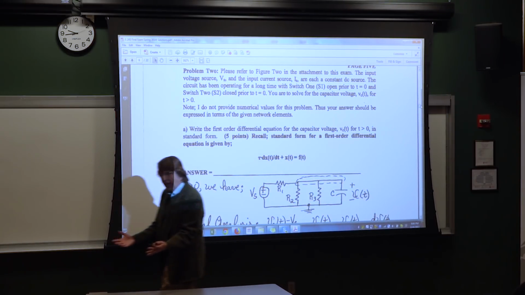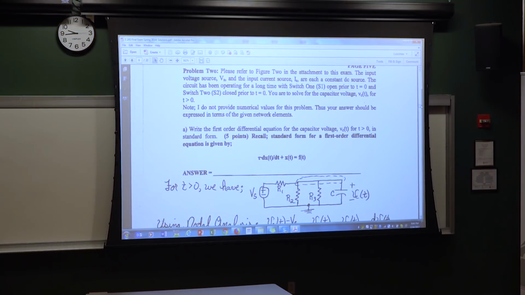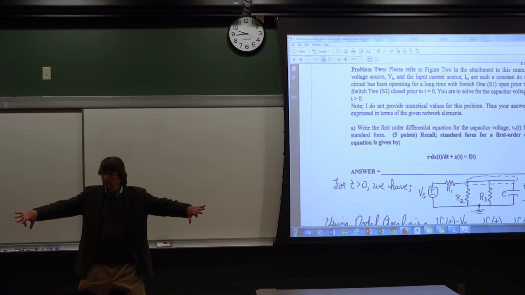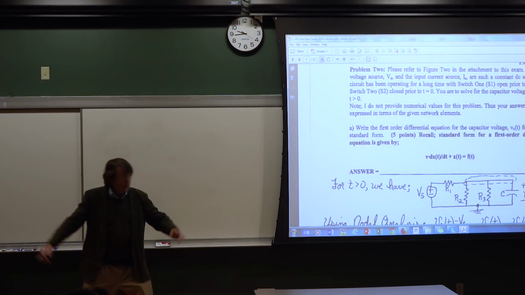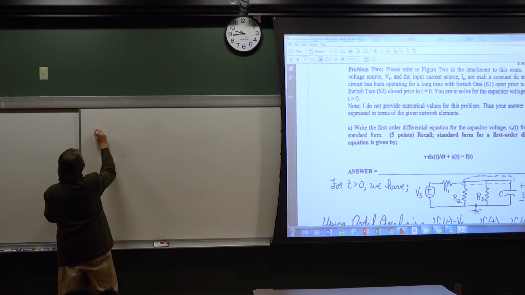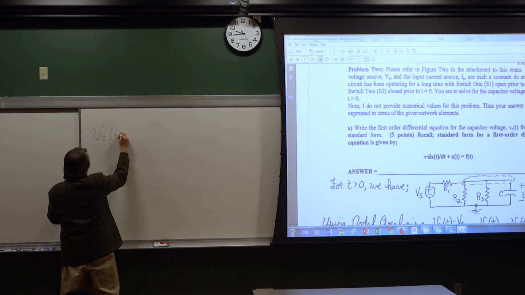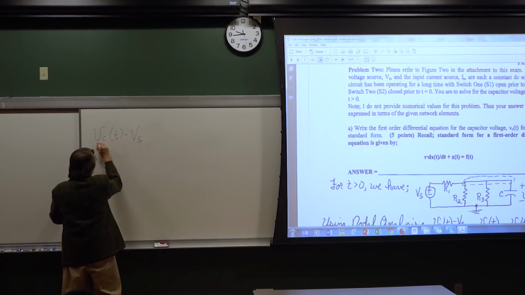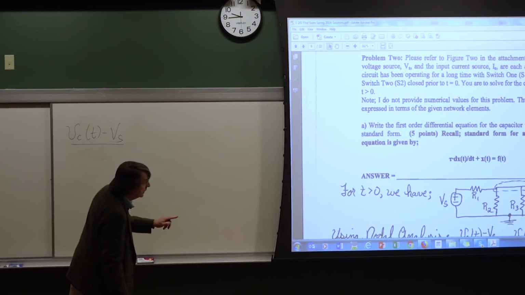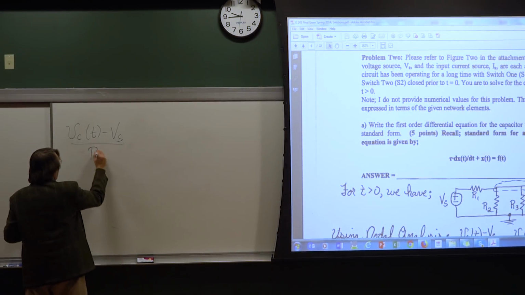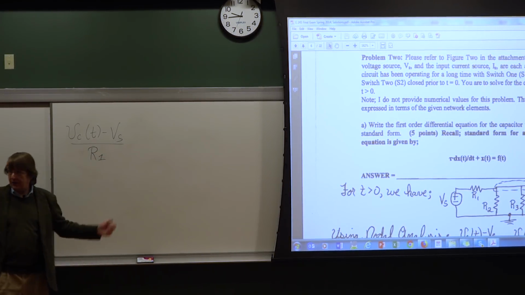So this is all one node, and I say, I got it. So let's write this together instead of just looking at the answer. I'm in the node, current flows out. That's my assumption. So I'm looking at V sub c of t minus Vs, over R1. Perfect.